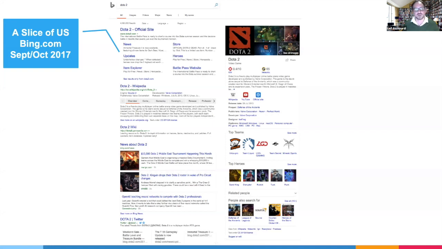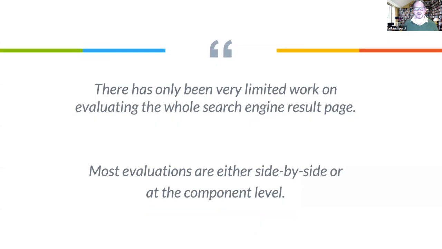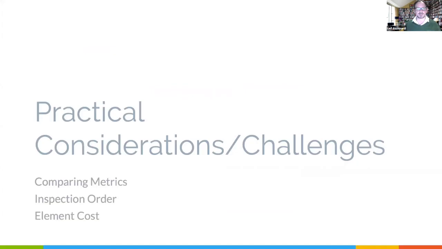Okay. So I'll give you the upshot here. Basically we did this analysis on the Bing search pages. It's actually very difficult to measure search pages, so we had to do a lot of different things in terms of practical considerations to get the elements and the cost of elements out.